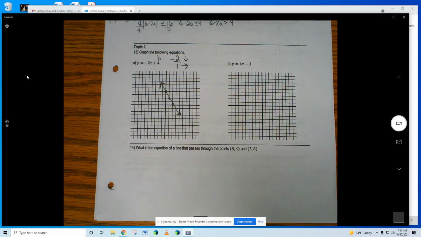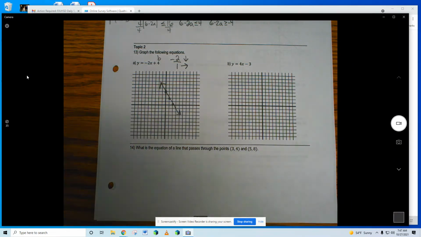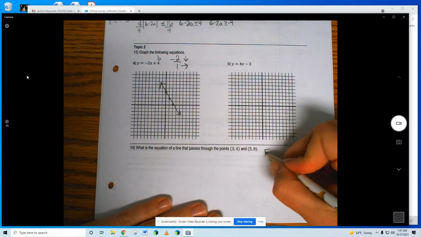So this is starting chapter 2. Graphing starts chapter 2. Everybody with me? It's important. Okay. What is the equation of the line that passes through the points 3, 4, and 5, 8? So, find slope.